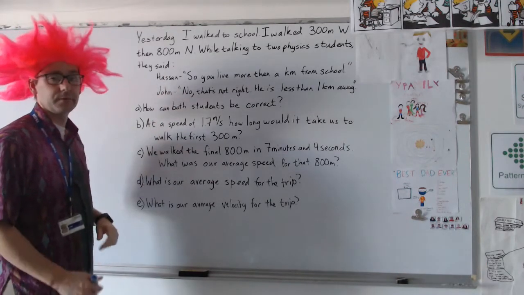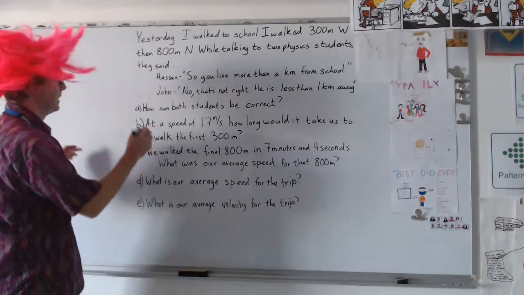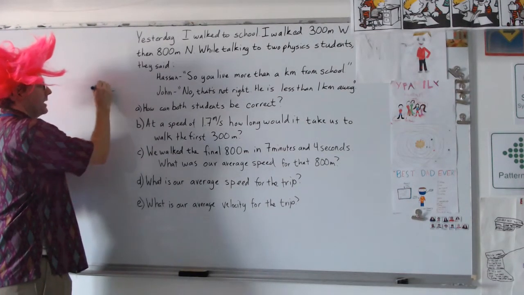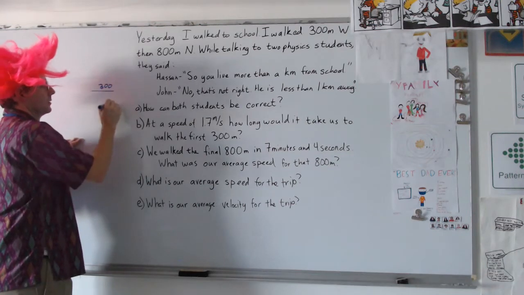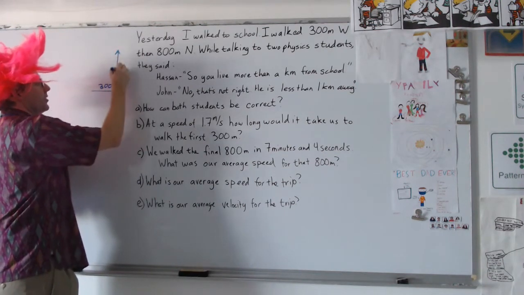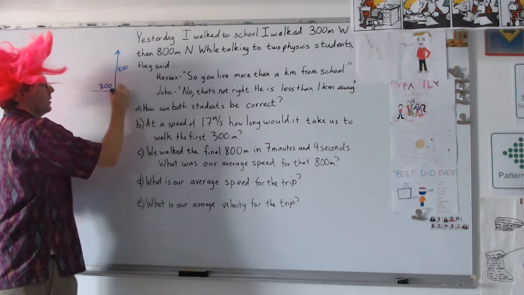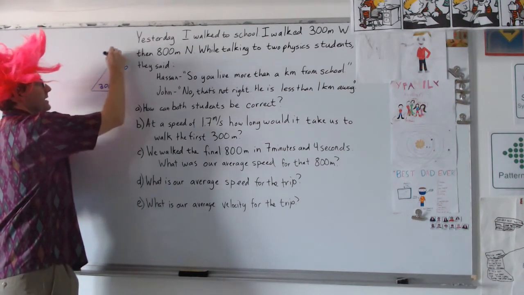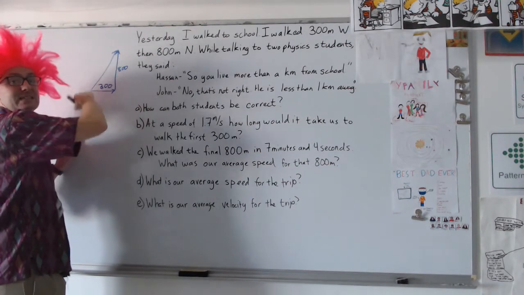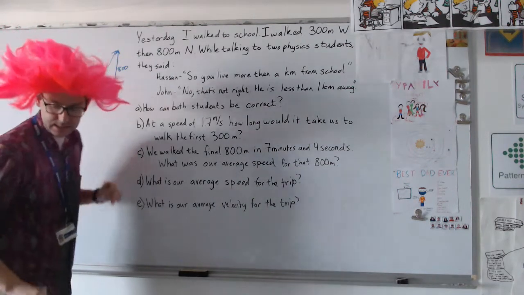Well, think about this. If I go 300 meters west, and then I go 800 north, what is the actual displacement from point A to point B? As the crow flies, sometimes they say.